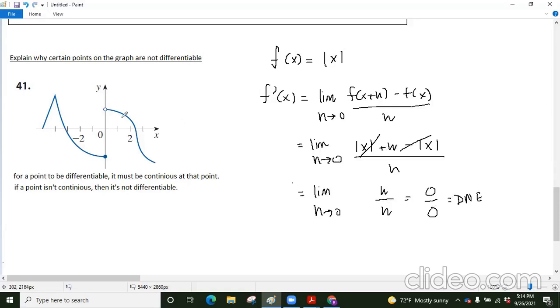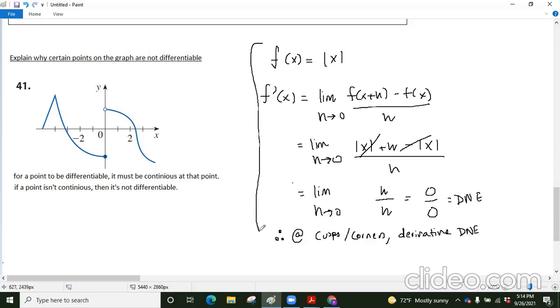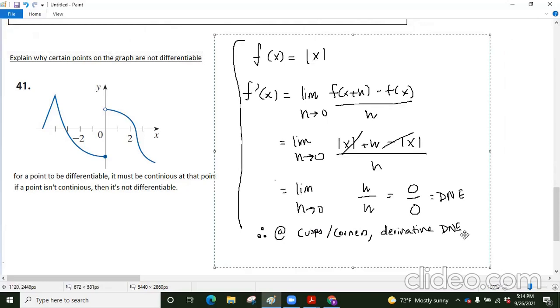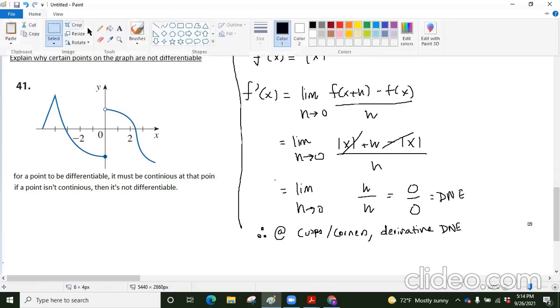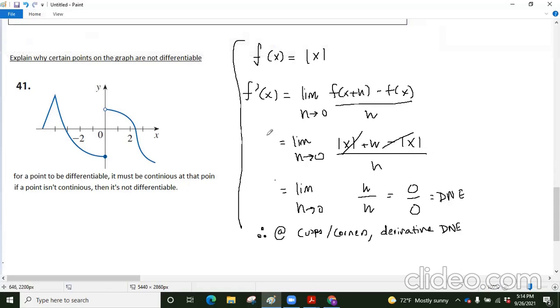So the idea is that therefore at cusps or corners, the derivative does not exist, DNE.